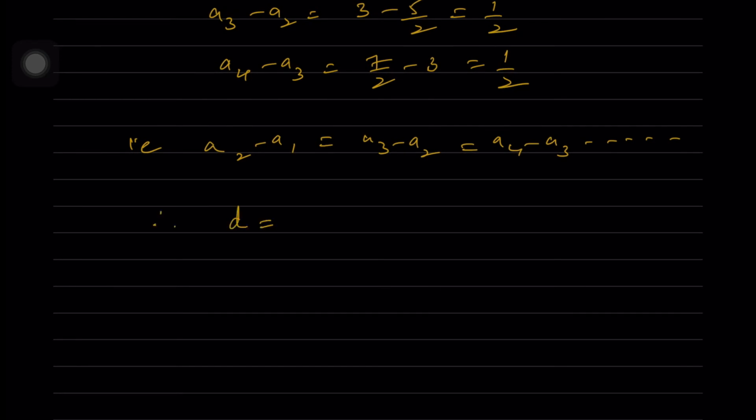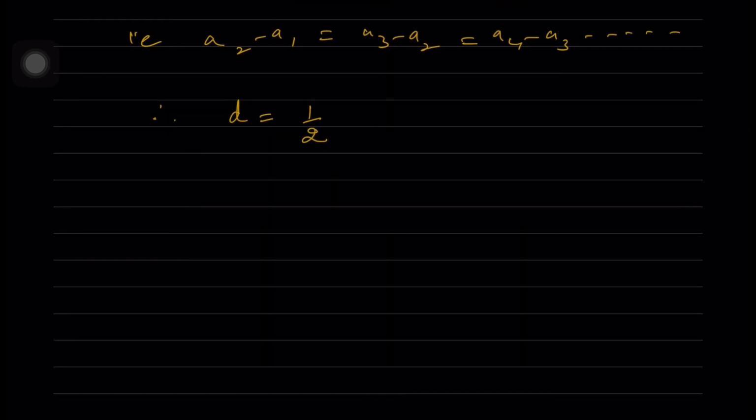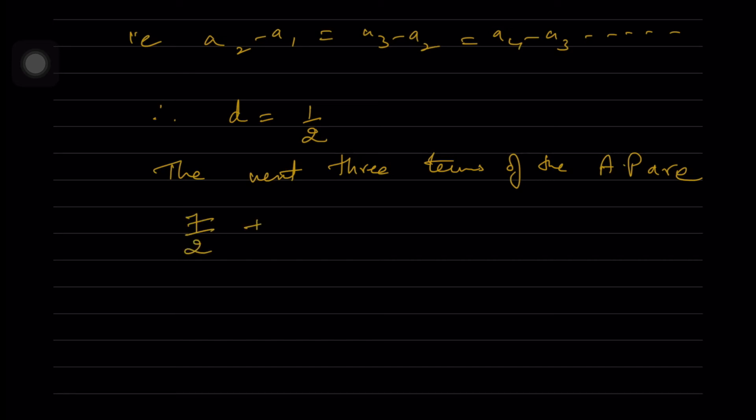So therefore the common difference is equal to half, and the next three terms of the AP are 7 by 2 plus 1 by 2, which is equal to 8 by 2, which is equal to 4.